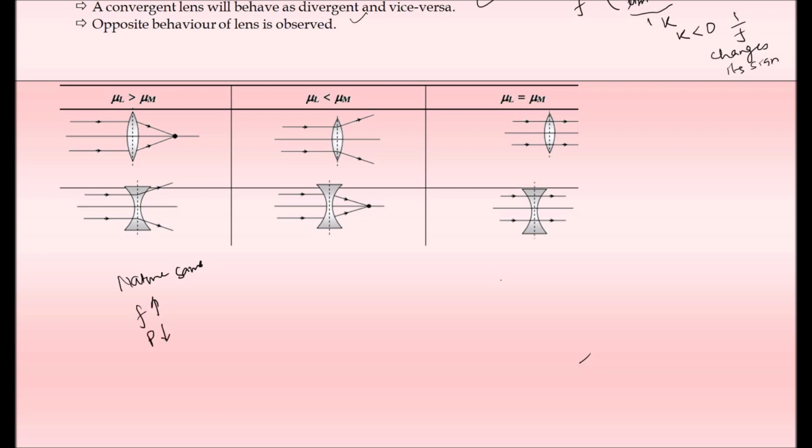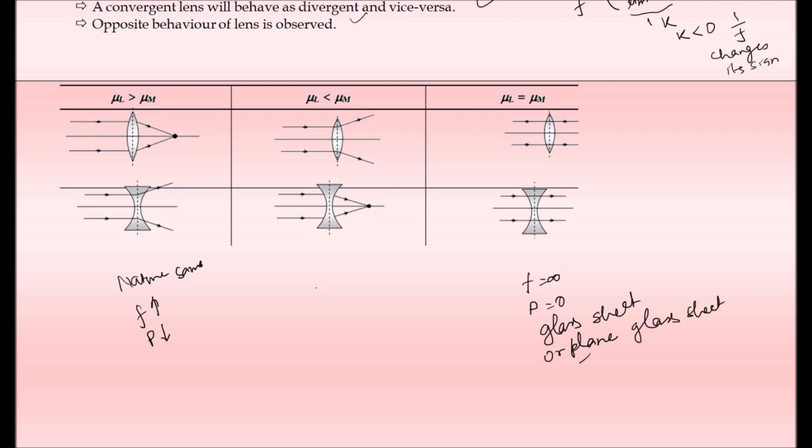Here if you see that when the refractive index of medium and refractive index of lens are the same, then f is equal to infinity, power is equal to 0 and lens will behave as a plain glass sheet.